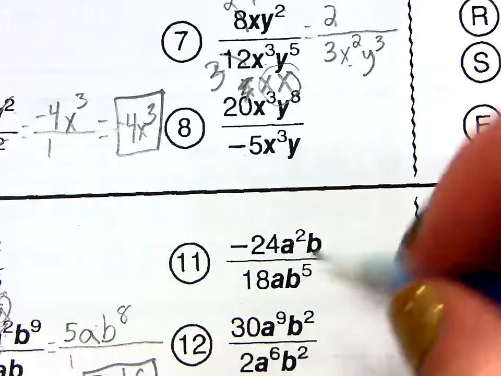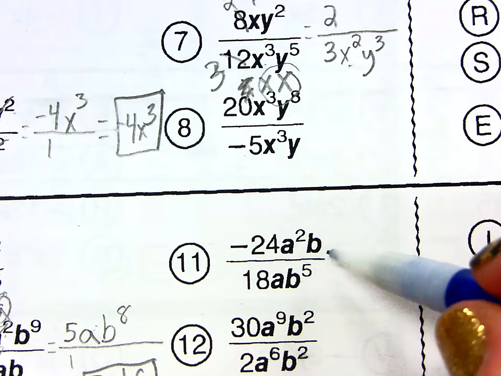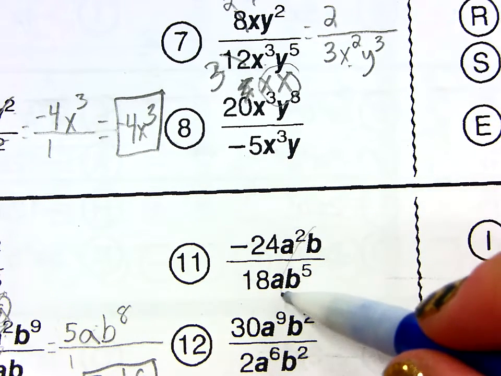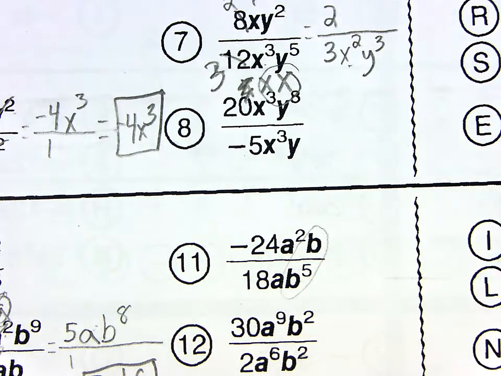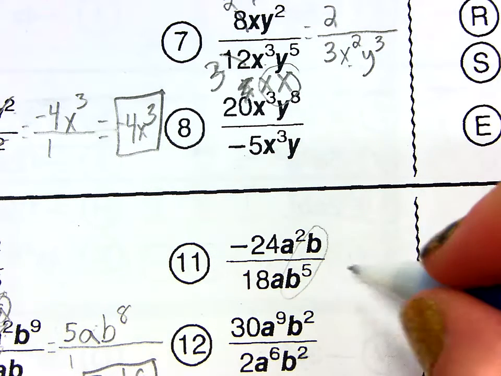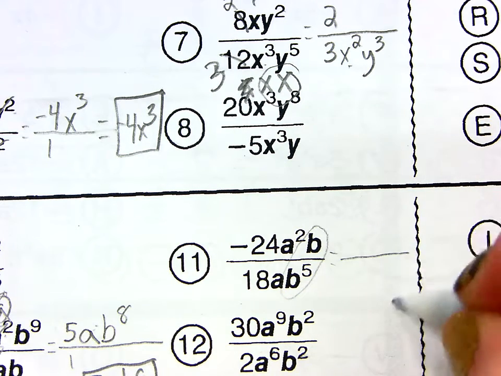So let me ask you this. Emma, just do the b's in this one. It'd be b to the what, and where would it be? So when I go to write it, I'd have b to the what, and where is it?